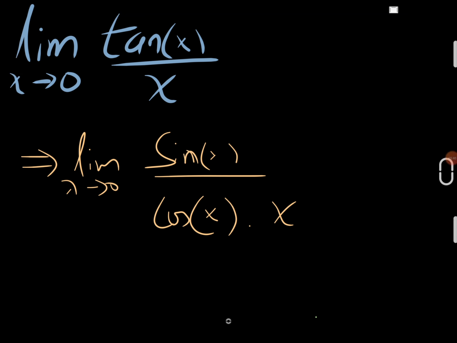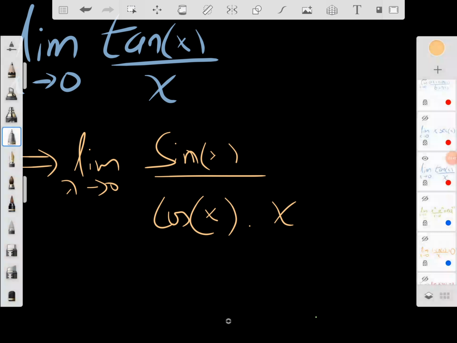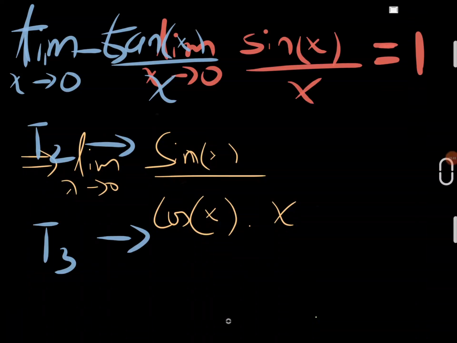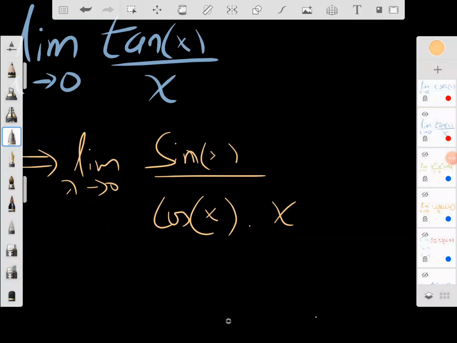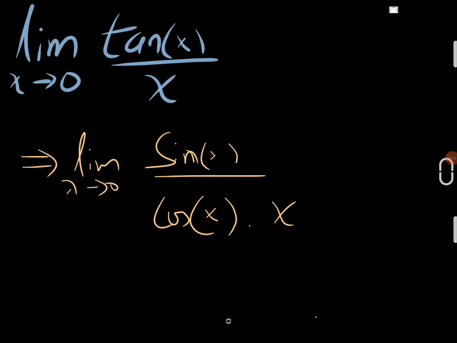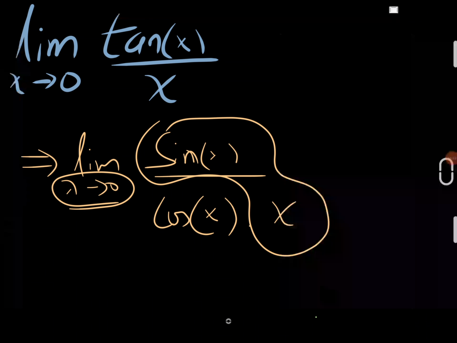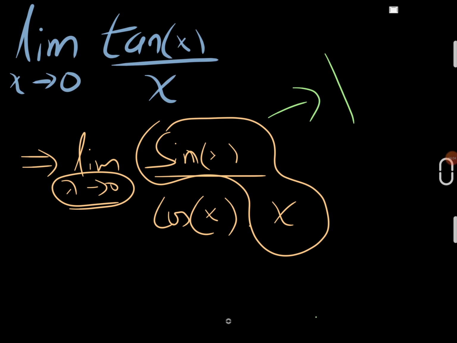Just now we studied limit x tends to 0, sin x by x is 1. So using that we can say that as x approaches 0, the value sin x by x approaches 1.